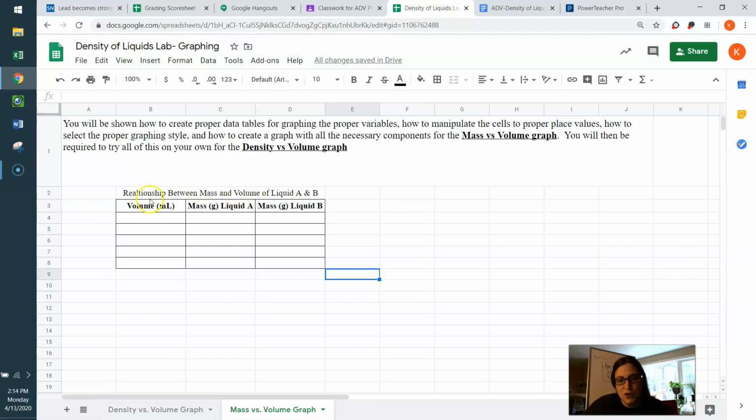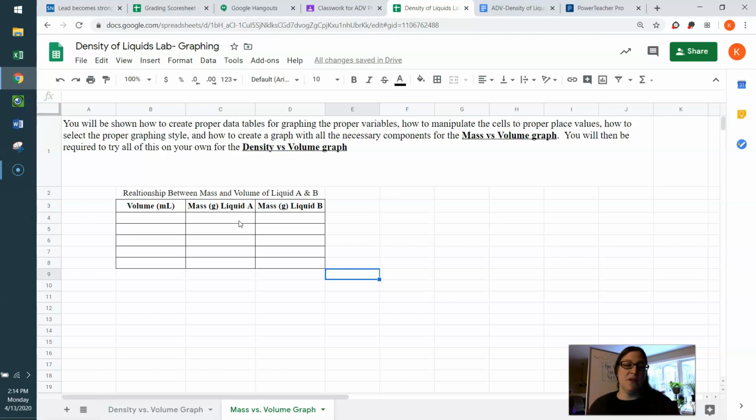Okay, so I'm pretty sure you should have this little mini data table already in here for us to work with. Now you do not want to copy and paste the entire data table into the spreadsheet to graph with. And that's because we do not need all of those numbers in order to do our graphing.